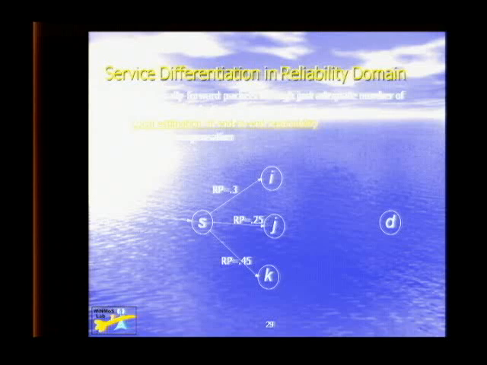So we look at the local packet dropping rates, and accordingly we are trying to project what the probability is for that packet to be delivered to the destination, based on the distance to the destination and the local packet drop rate.